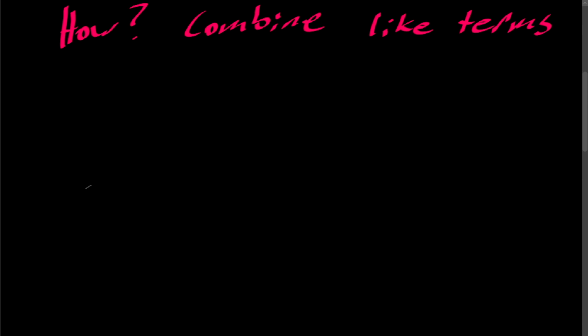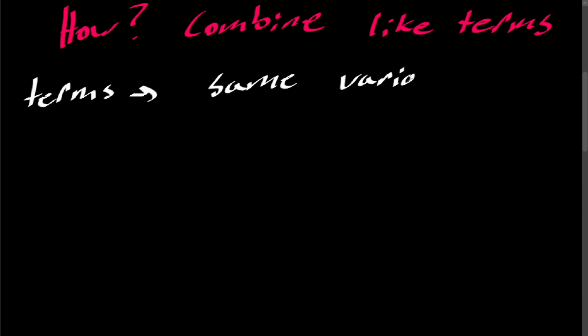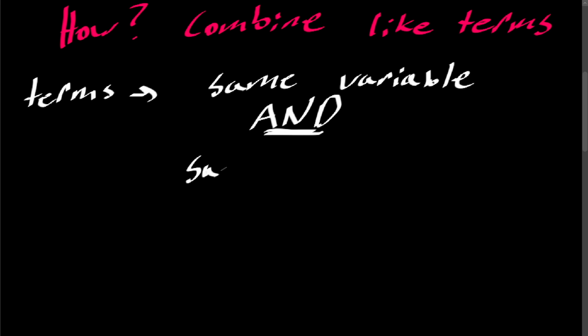We want our terms to have the same variable, and this is not an or, this is an and, which means two things have to happen: the same variable and the same exponent. That's the only thing you need to combine like terms.